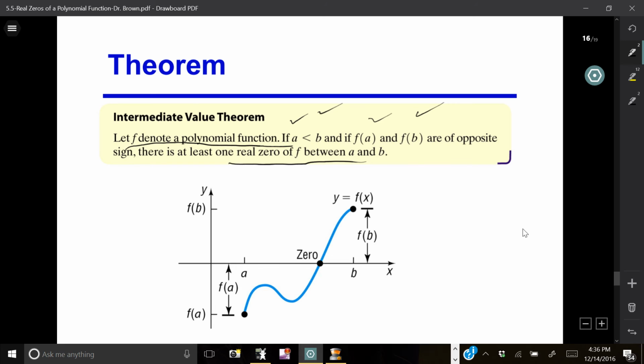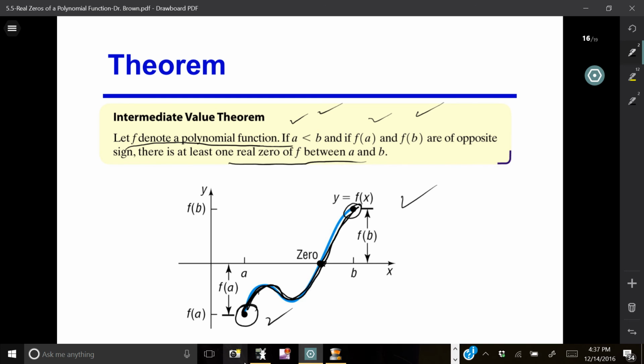If the function at a is below the x-axis and the value of the function at b is above the x-axis, and it's a polynomial, then it's got to be connected. It couldn't have any breaks. So there's no way for the function to get from down here to up here without crossing the x-axis. So it's got to have at least one zero.